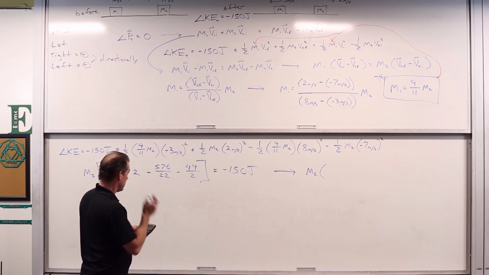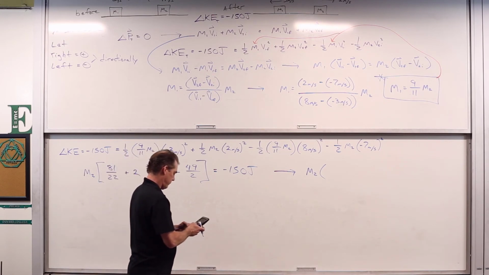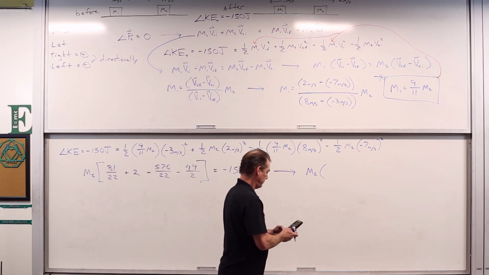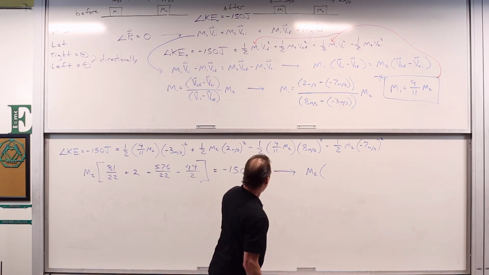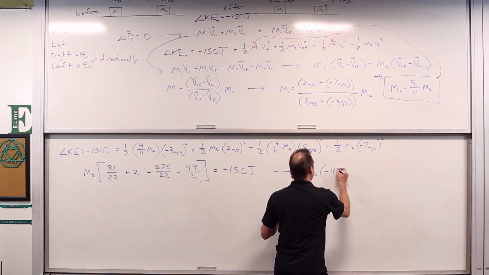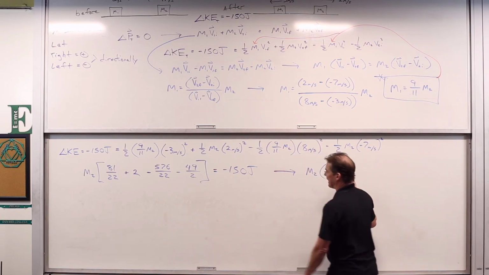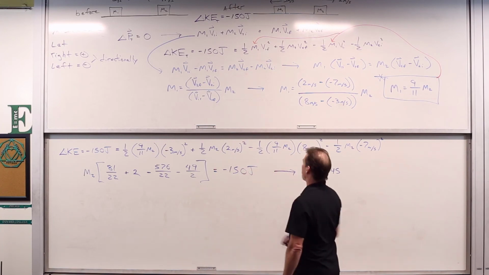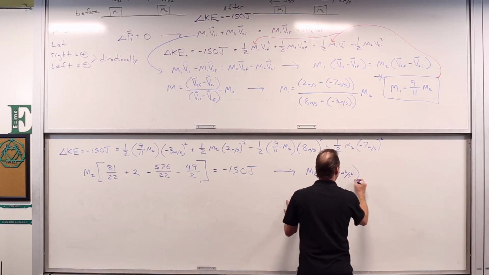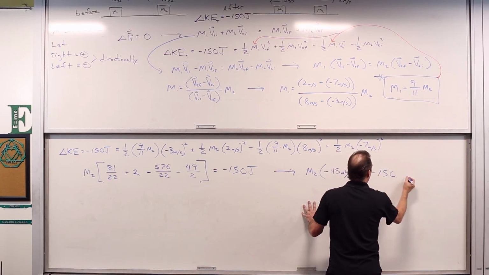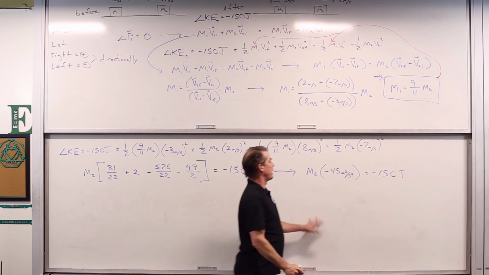That's a nice number, huh? Negative 45. And this again has to have units of meters squared per second squared. Let's go ahead and put them there. Is equal to negative 150 joules, which is kilogram meters squared per second squared.